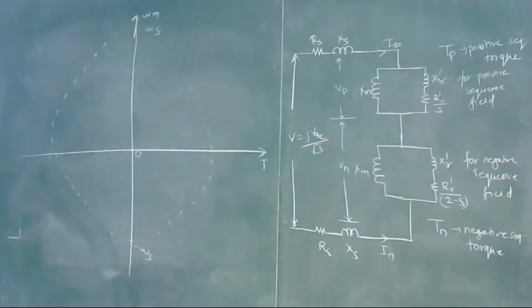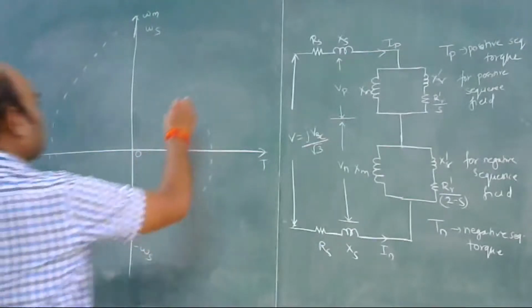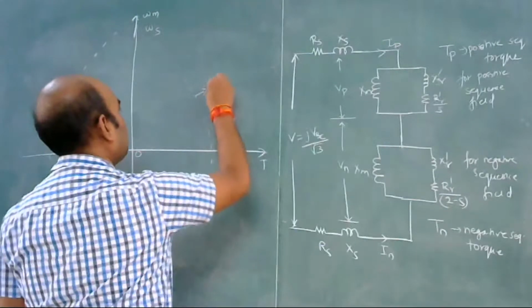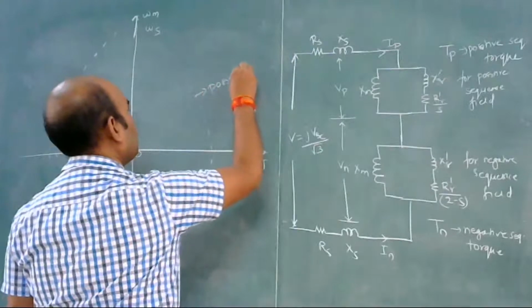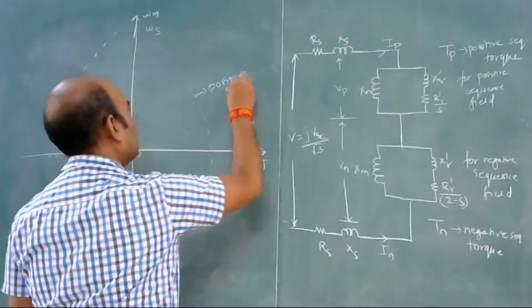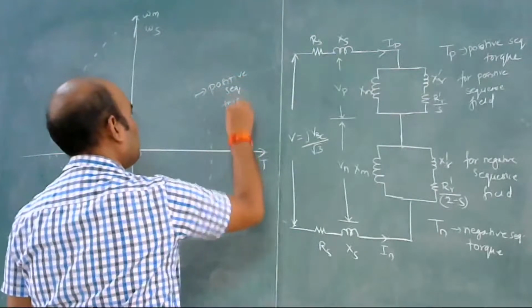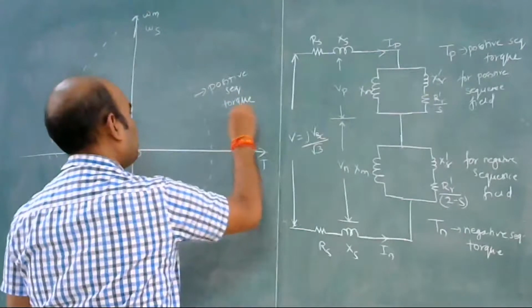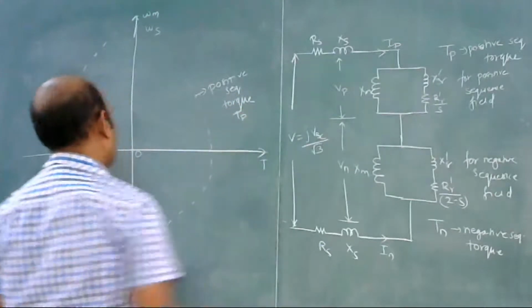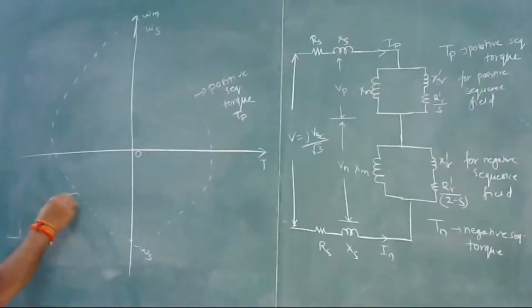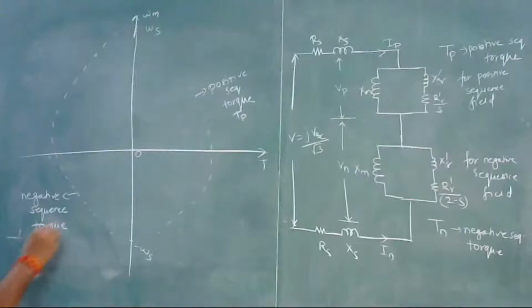This is Tp, the positive sequence torque, and this is Tn, the negative sequence torque.